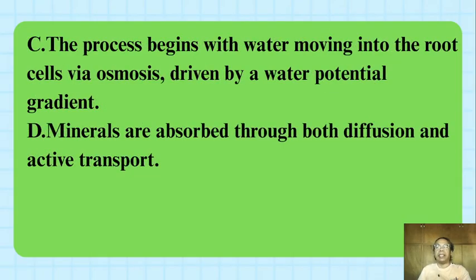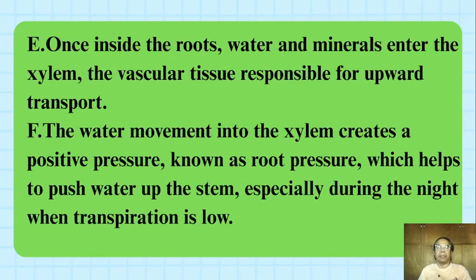The process begins with water moving into the root cells via osmosis, driven by a water potential gradient. Minerals are absorbed through both diffusion and active transport.